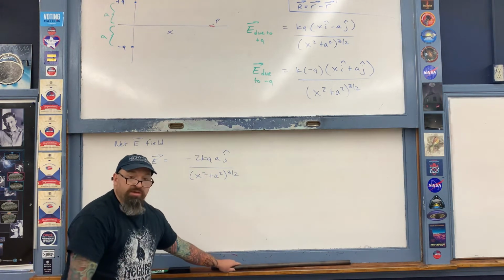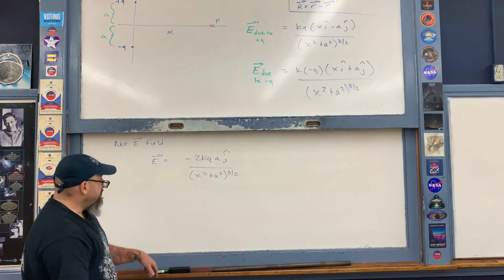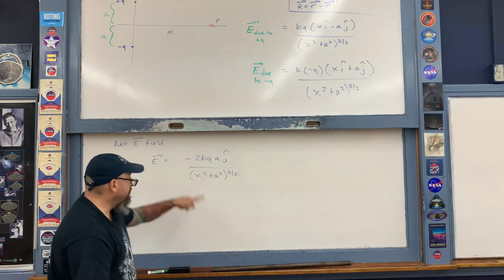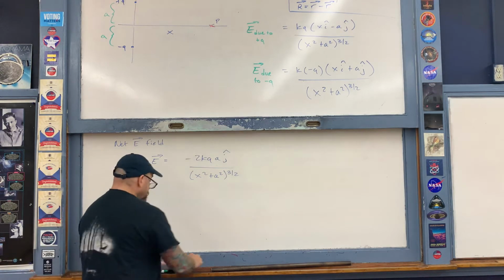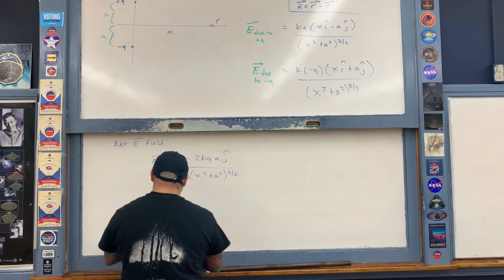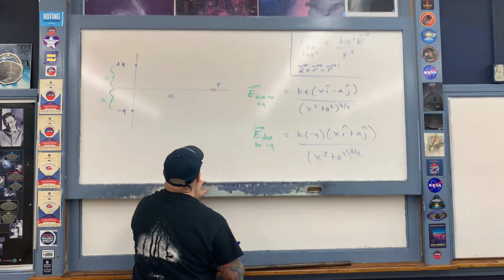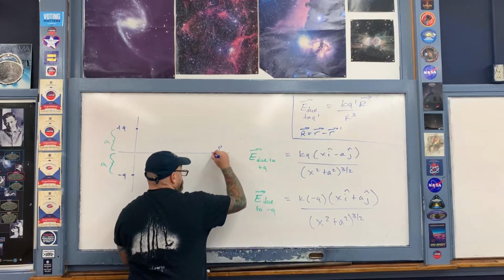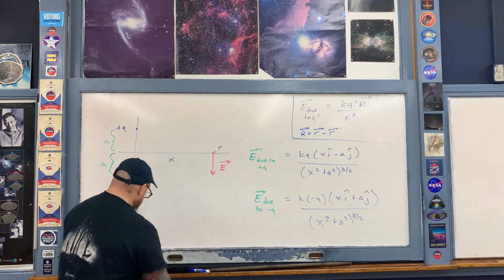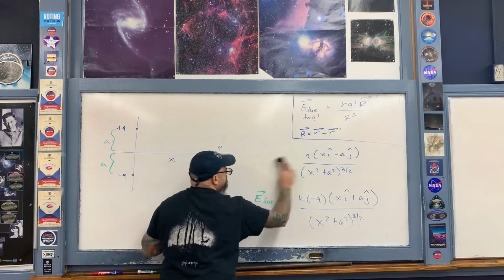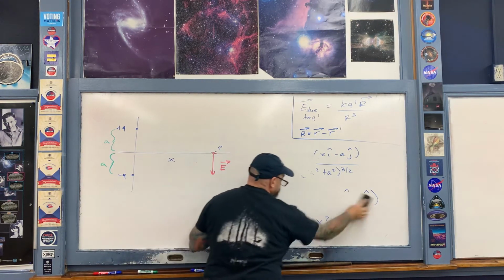So on the diagram above, at that point in space, the electric field itself points in the negative j hat direction. That's the net electric field. So the net electric field at point P in space on the diagram above looks then something like this.